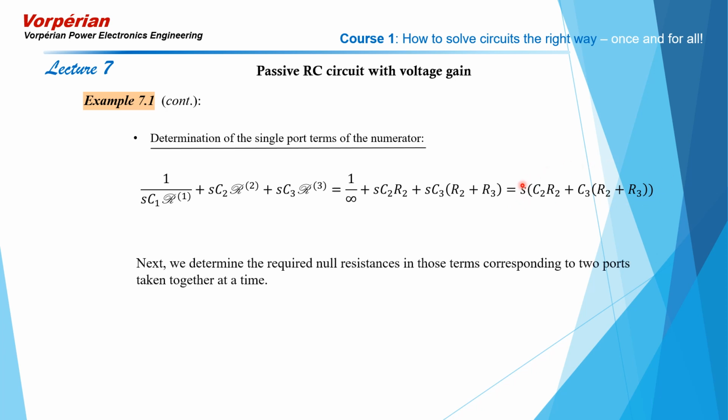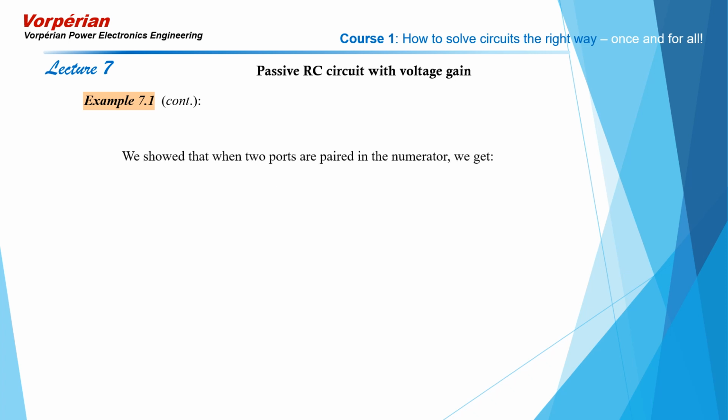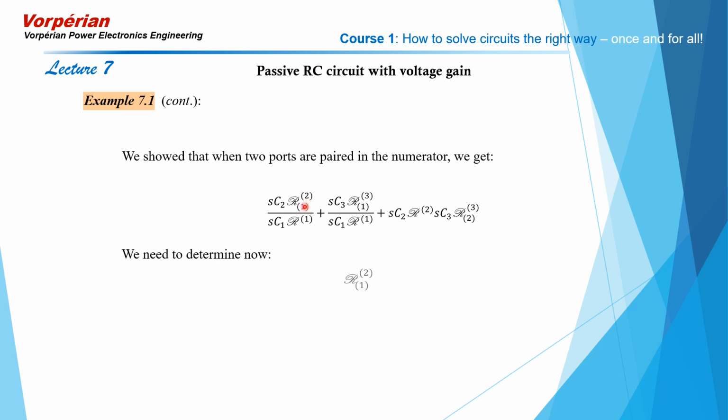Next, we determine the required null resistances in those terms corresponding to two ports taken together at a time. We showed that when we pair two ports at a time in the numerator, we get the following expression, which means that we now have to determine each of R21, R31, and R32.